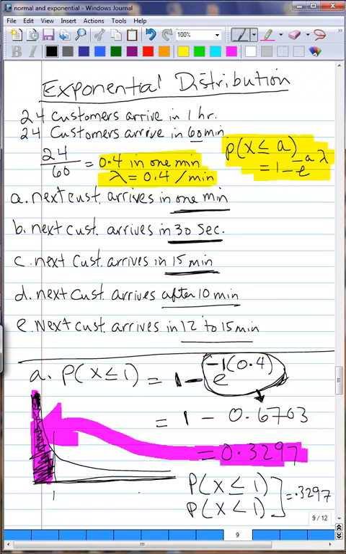That's because the probability of an exact value for a continuous random variable is 0. So whether I say less than or equal to a minute, or less than a minute, they're both the same probability.